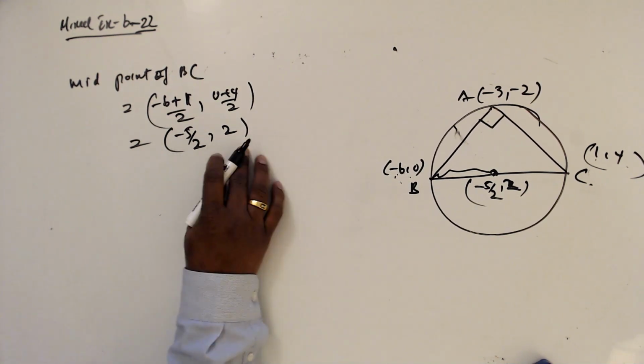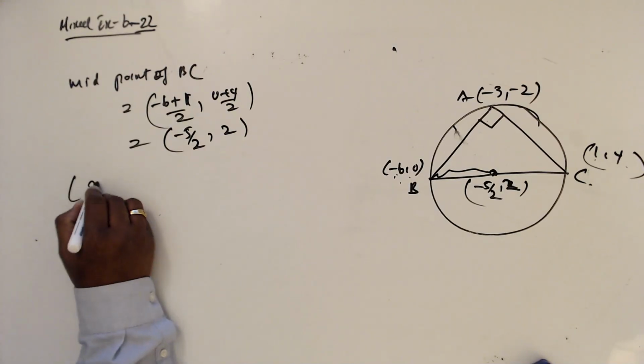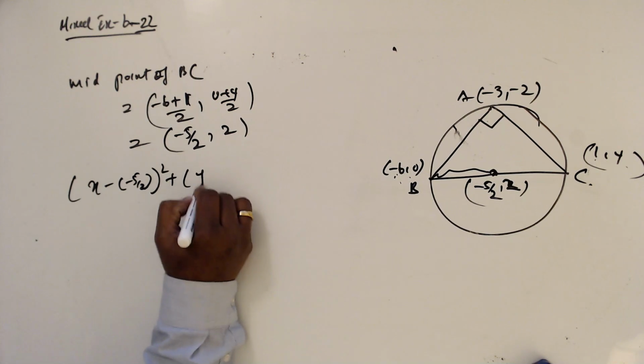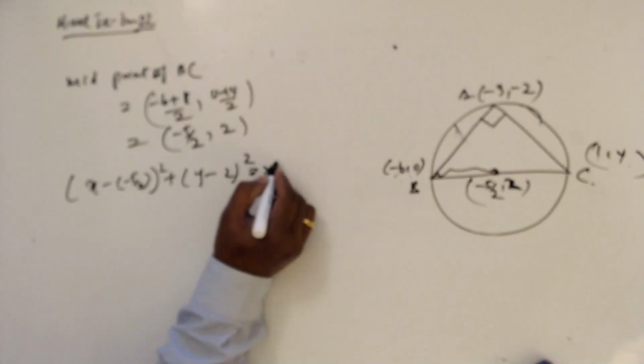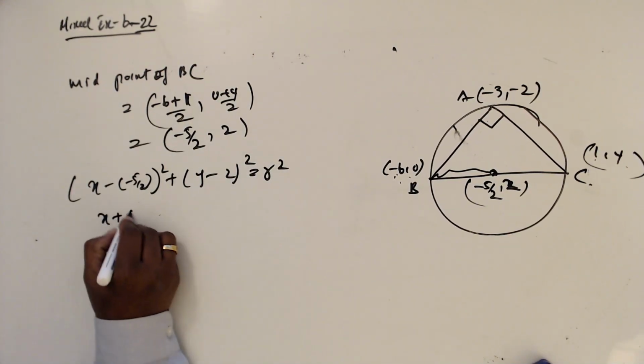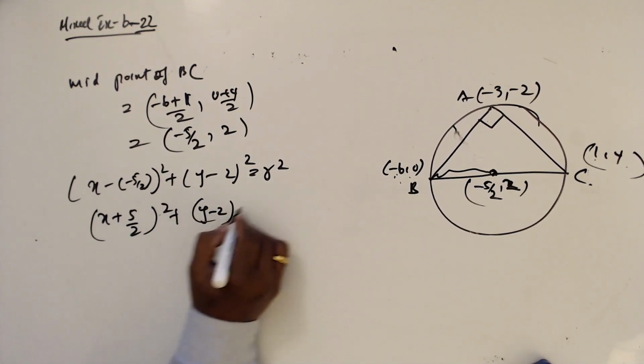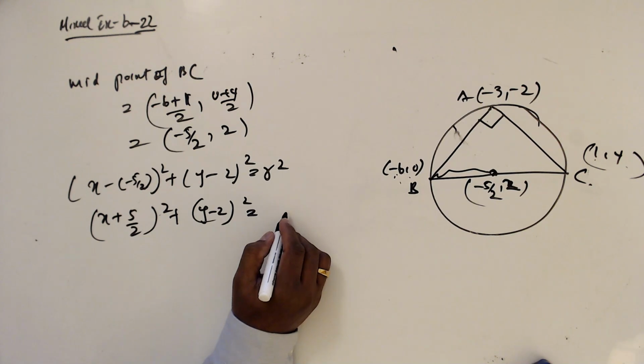Now we have the center. We can write the equation (x plus 5/2) squared plus (y minus 2) squared equals r squared.